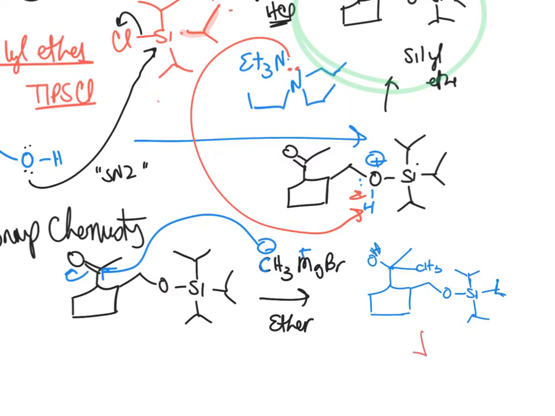Now you can also look, there's a thing called TBAF. TBAF is the removal, and it removes the silyl group. So TBAF is tetrabutylammonium fluoride. So tetrabutyl is 4: 1, 2, 3, 4. Tetrabutyl, there's 4 of these. Okay, ammonium, so that's nitrogen with a plus charge, fluoride.